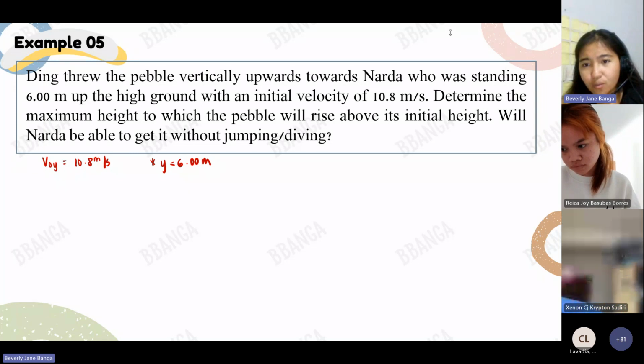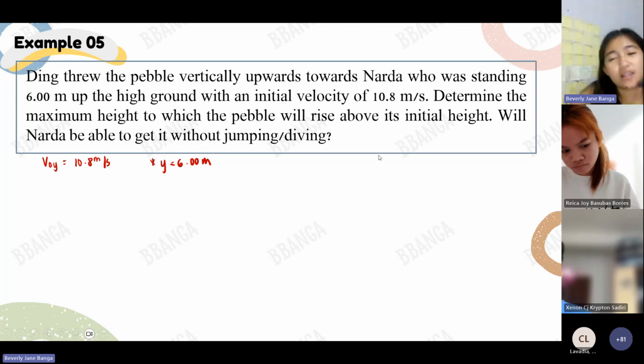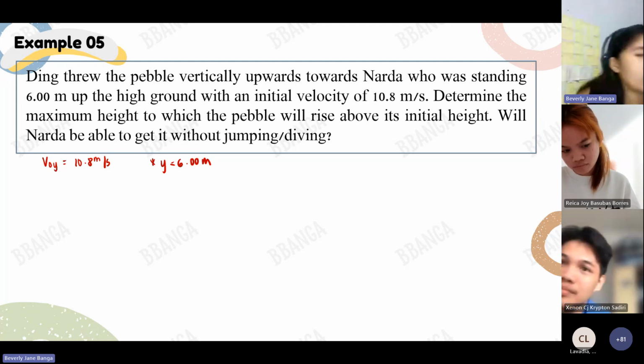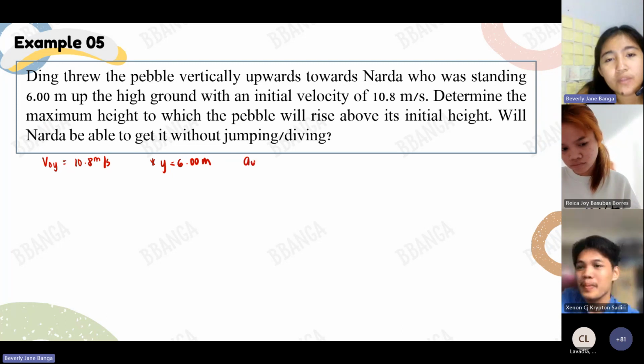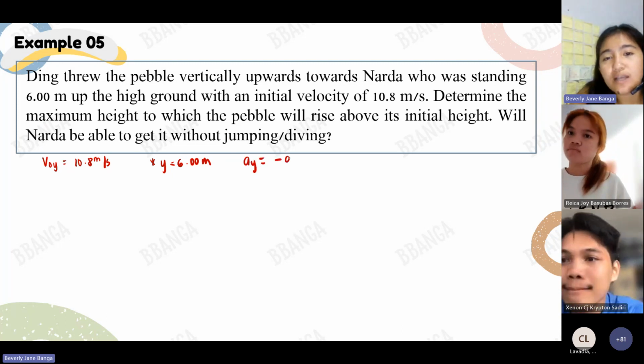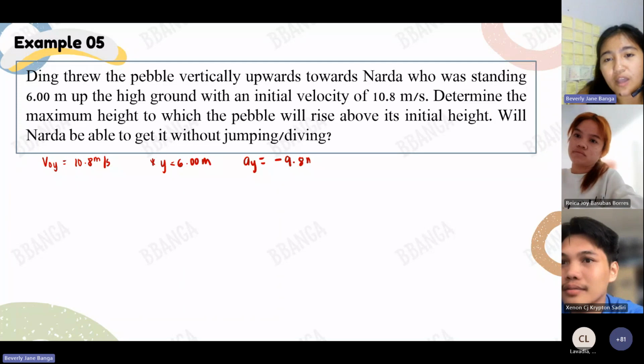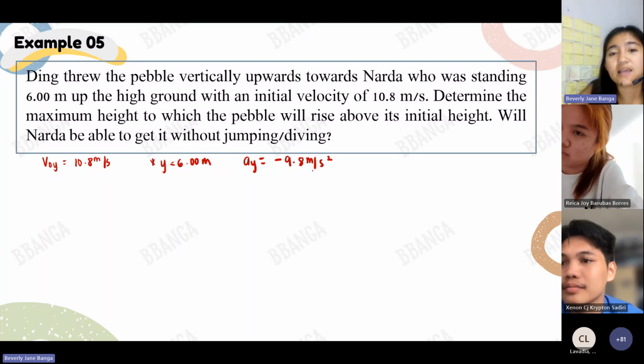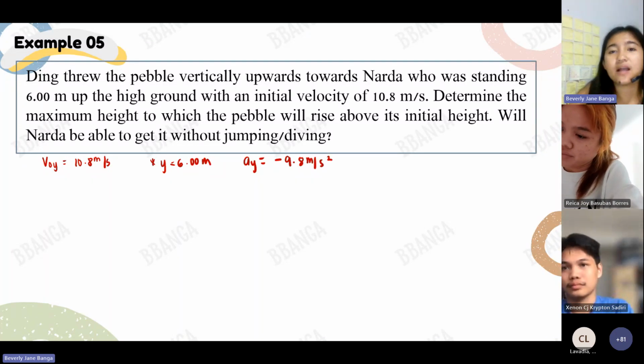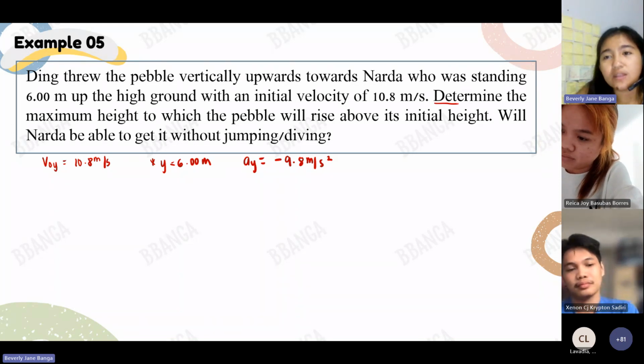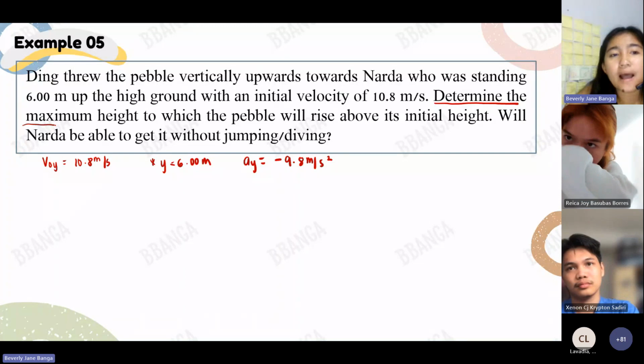So, y is 6 and then may acceleration which is 9.8 meter per second squared. Ayan, tinulungan ka ni Maribay. So, ay is always negative 9.8 meter per second squared. Ano pang iba nating alam? Kung titignan ninyo class, sabi niya, determine the maximum height.